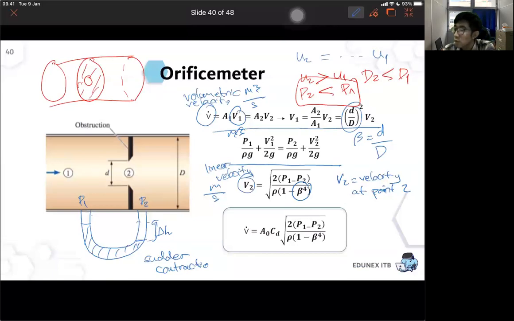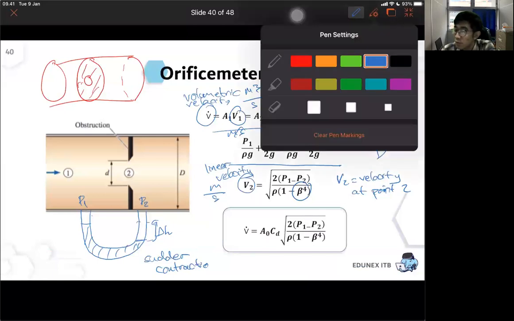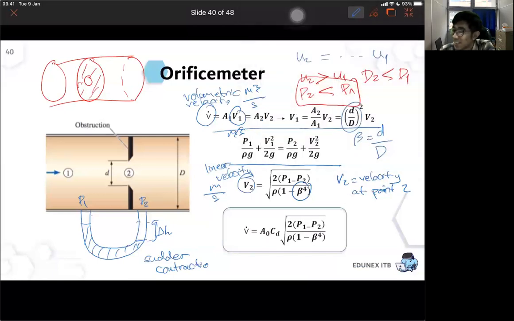Oh, because P2 is lower, then the figure is wrong, why did nobody correct me? Sorry, the figure is wrong. Because P2 is lower than P1, then it should be like this.